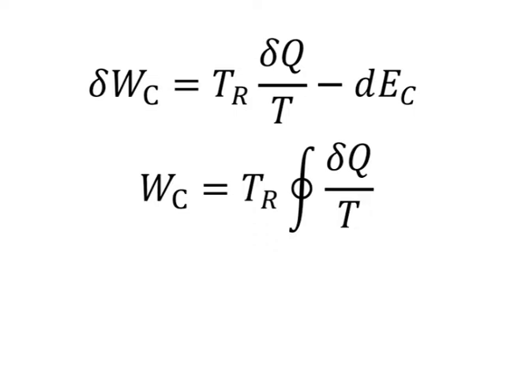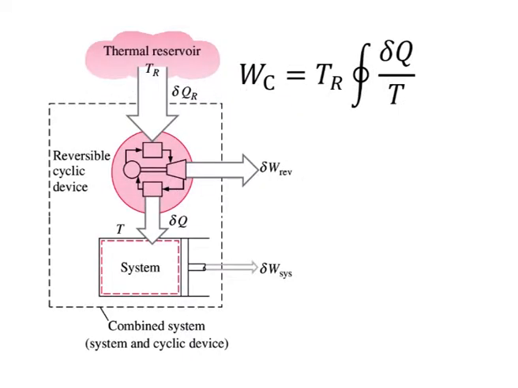Here W_C is the cyclic integral of delta W_C and it represents the net work for the combined cycle. It appears that the combined system is exchanging heat with a single thermal energy reservoir while producing or consuming work W_C during a cycle.